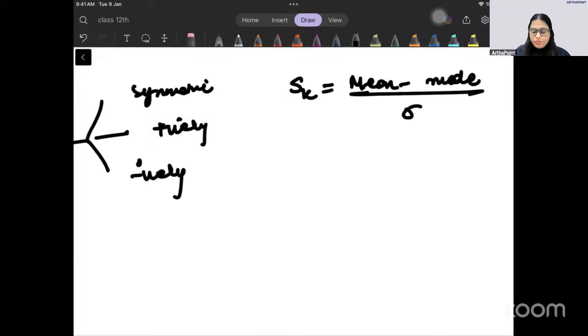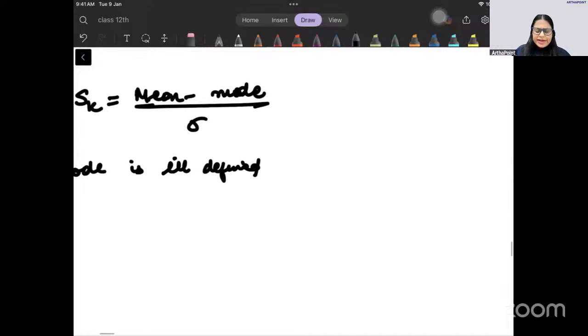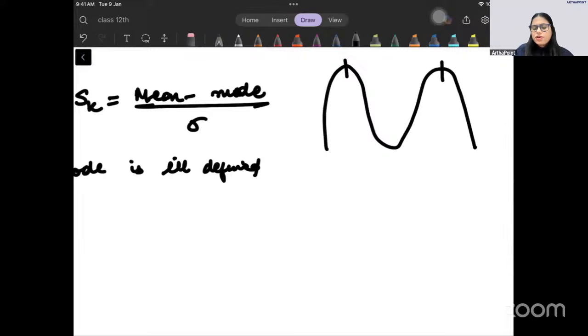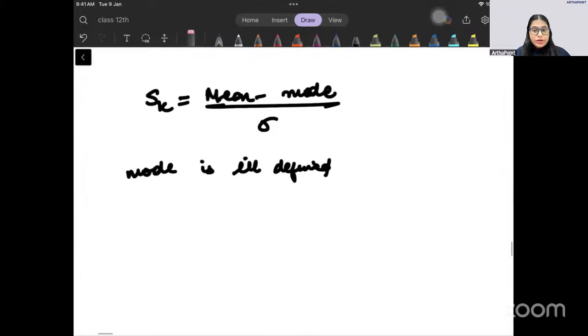But if mode is ill-defined, माने कभी कभी your data can look like this, जिसमें दो values have highest frequency, right? I may not be able to tell mode in that case. So when it happens that mode cannot be defined for a data set, then we can use the formula.